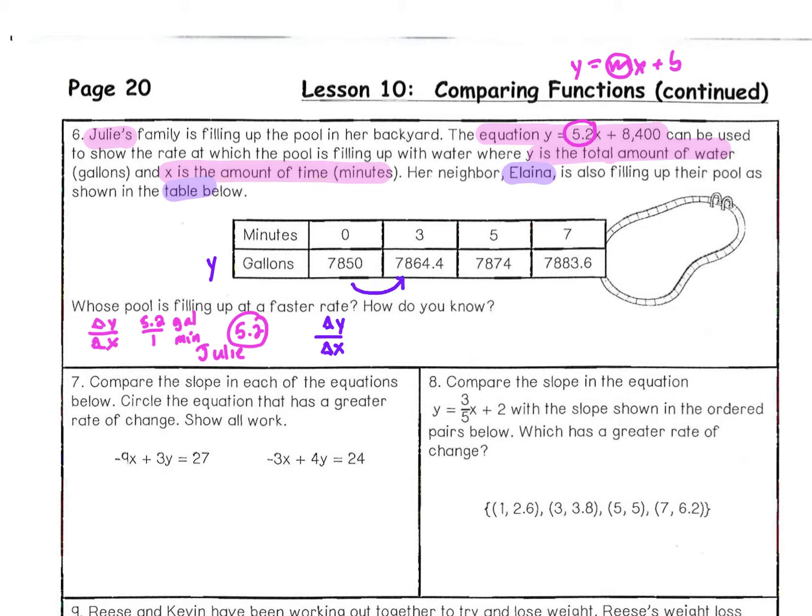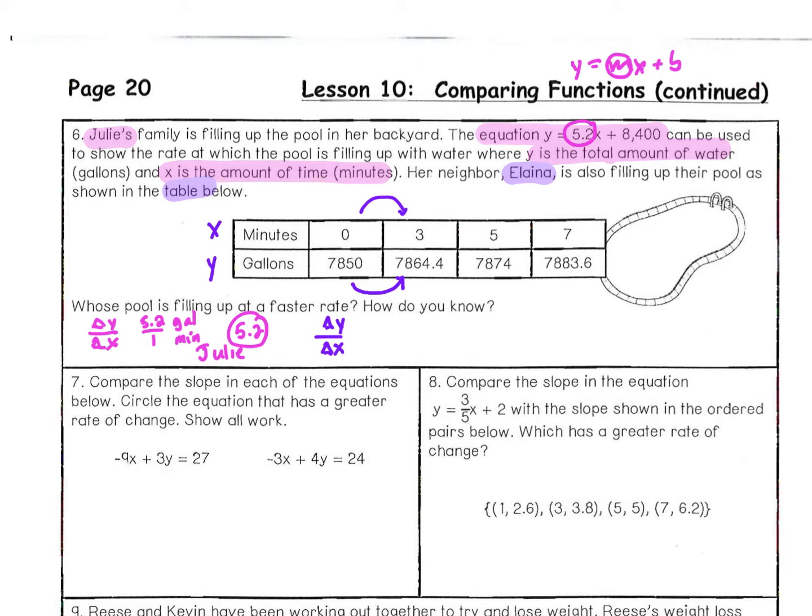So we're looking for the change here over the change in our x values. This would be a good place to have your calculator. If I'm looking, I can see that it's going up. I'm going from 7,850 to 7,864 and 4/10.